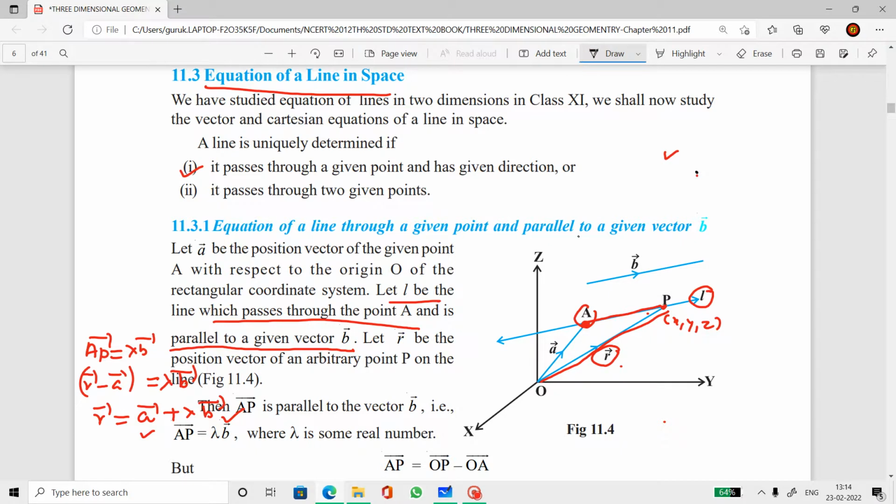Here it is a line that passes through 2 points. So imagine a line segment that is passing through 2 points, say A and B. Now, in order to find the equation of a line in space, we need two pieces of information.